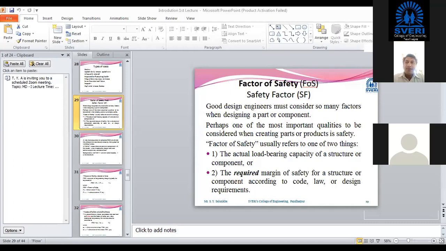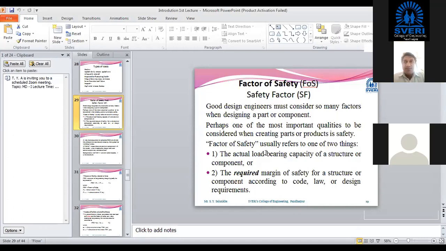Okay, very good. So yesterday, what we were talking about was the factor of safety. We took some examples related to the factor of safety, and we understood the concept.